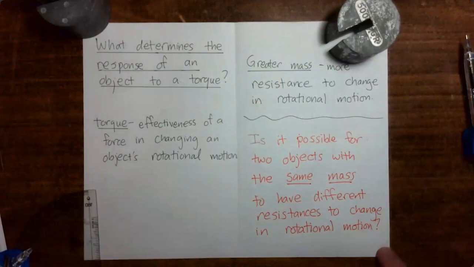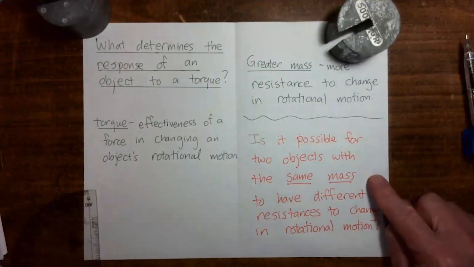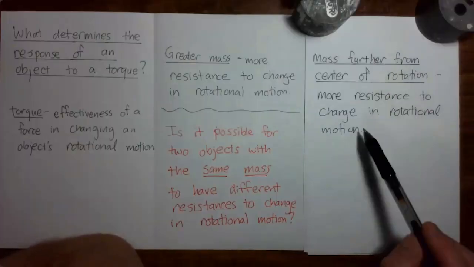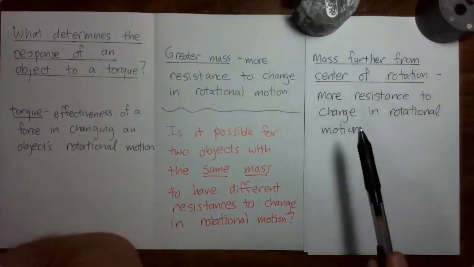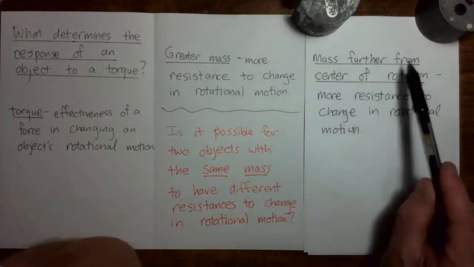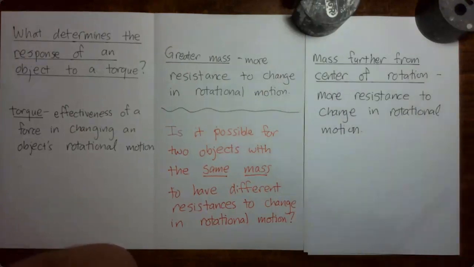So to come back to this question, it is in fact possible for two objects with the same mass to have different resistances to change in the rotational motion. In other words, we have seen that when we have a distribution of mass where the mass is located further from the center of rotation, that object will have more resistance to change in rotational motion.